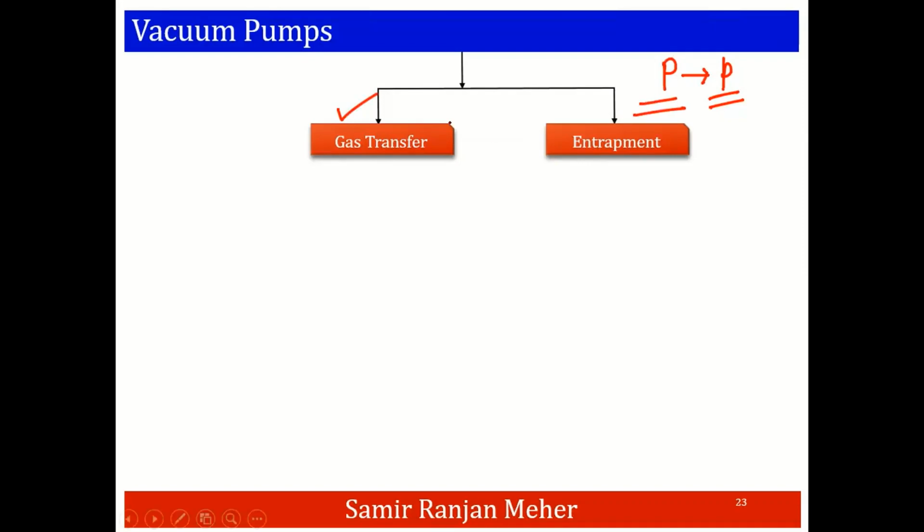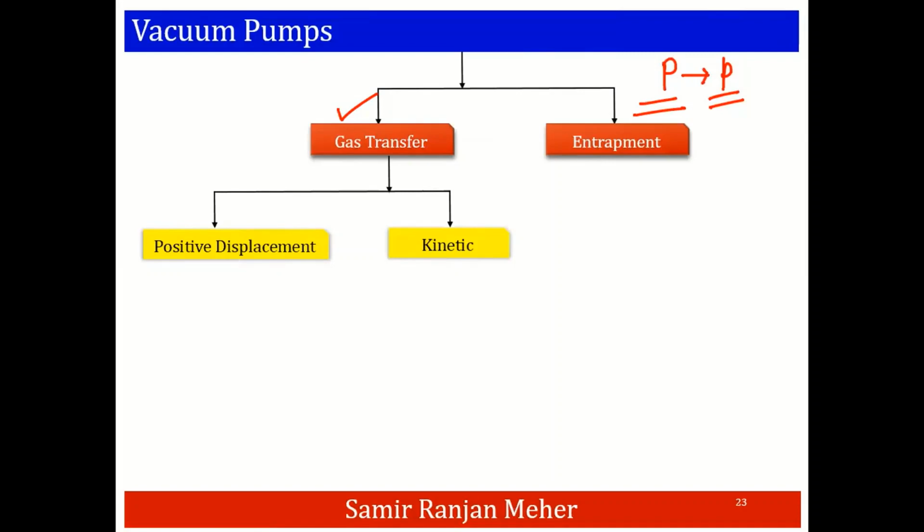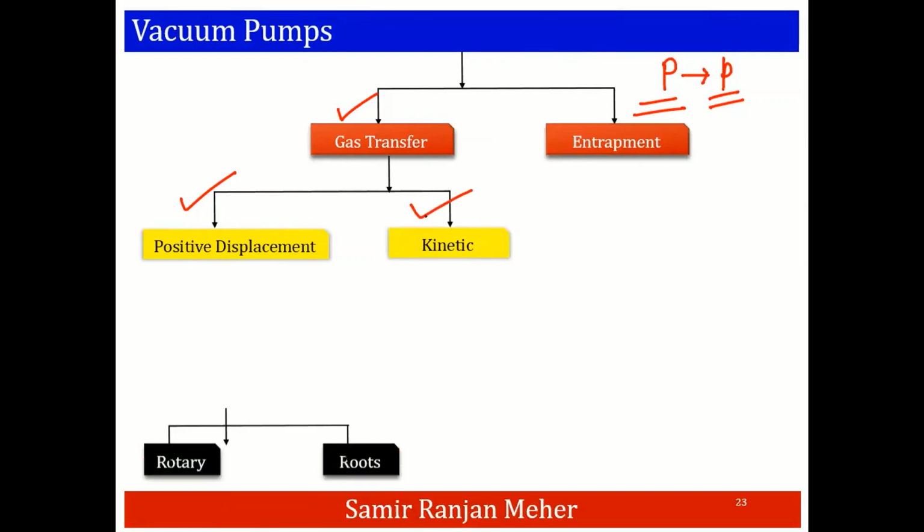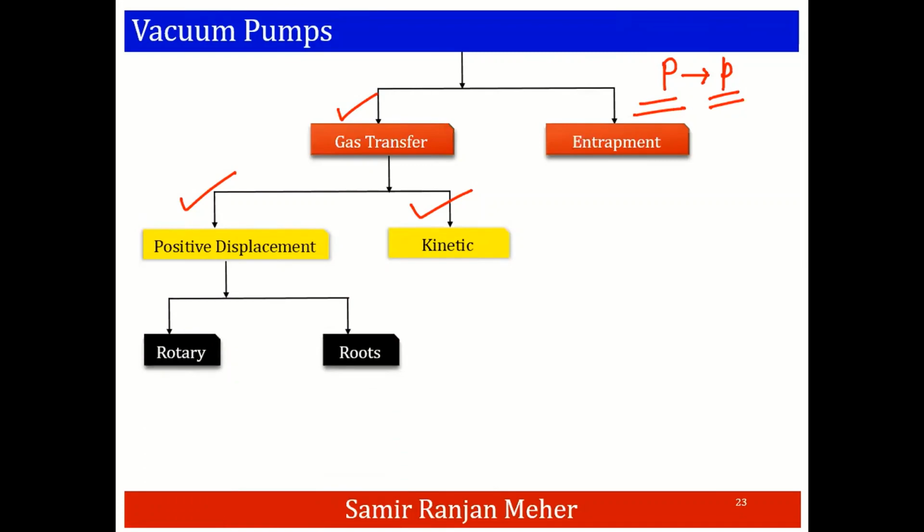And based on this first principle, we have two kinds of pumps. One is called the positive displacement pump, and the other one is called the kinetic pump or the momentum transfer pump. As we know, the positive displacement pump works only in the viscous flow regime. It cannot work in the kinetic or the molecular flow regime.